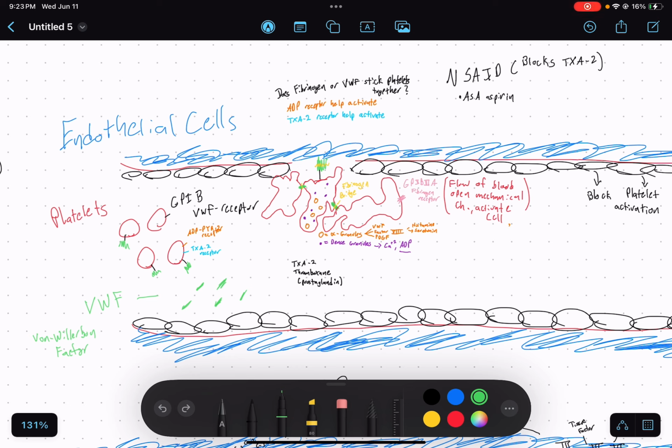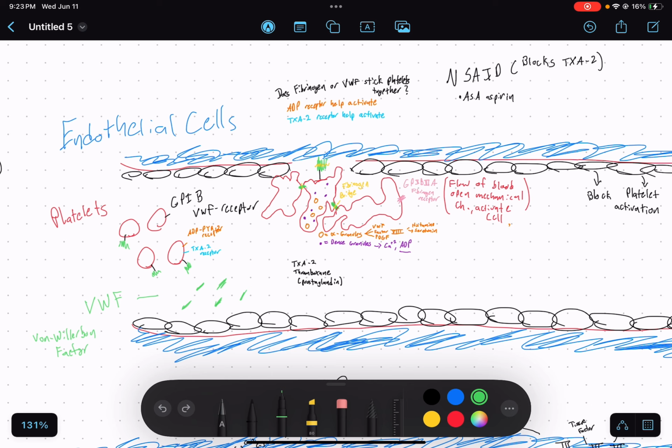Whenever it does, the flow of the blood will then push it, allowing it to be activated. So the VWF is the thing that is causing it to be activated.